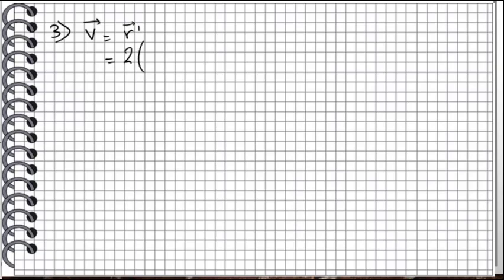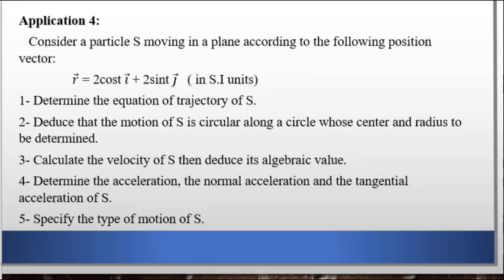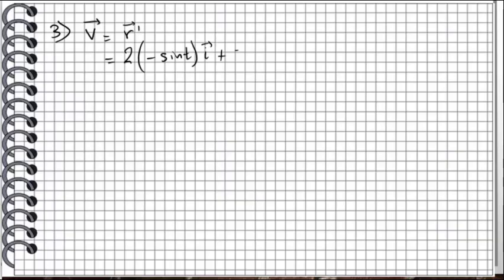The derivative of cosine is minus sine t along i plus the derivative of sine is cosine, 2 untouched, cosine t along j. It will be minus 2 sine t along i plus 2 cosine t along j.